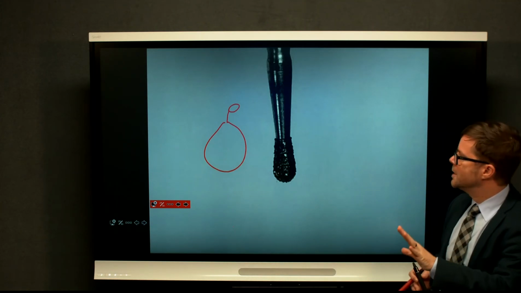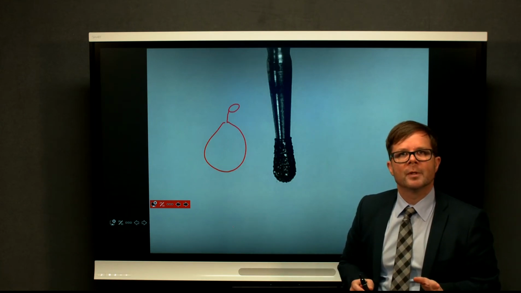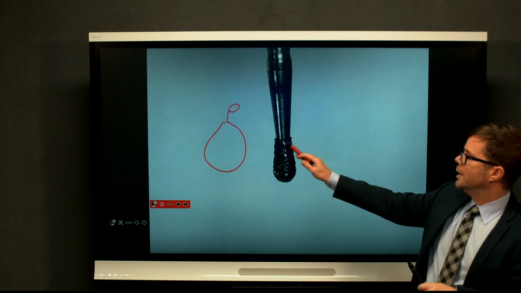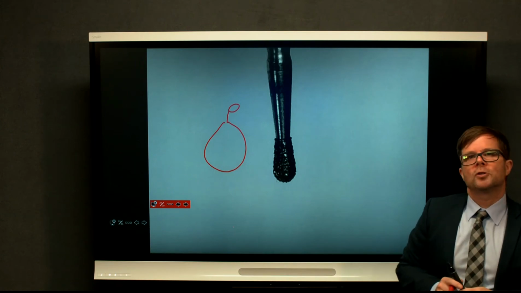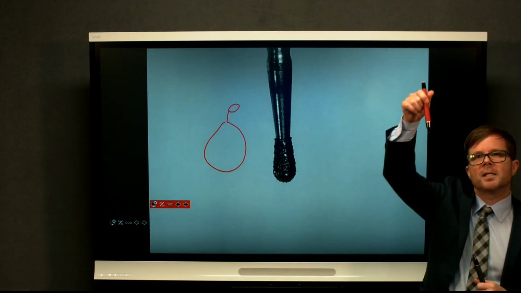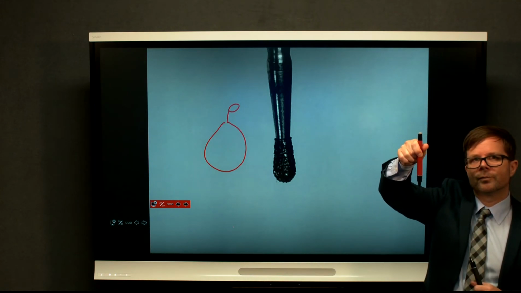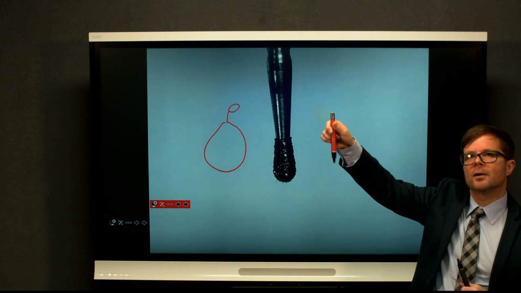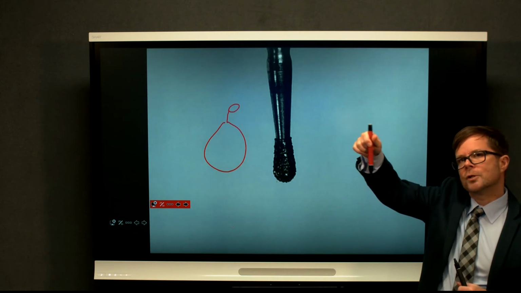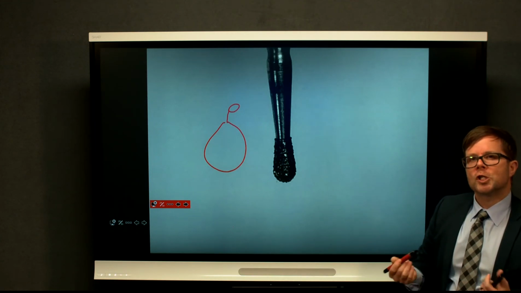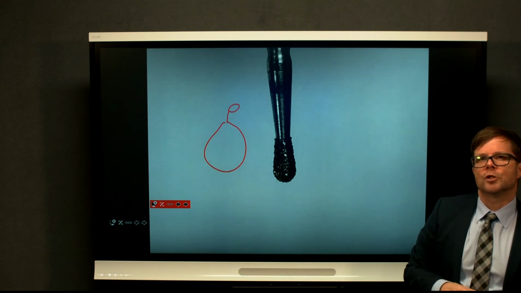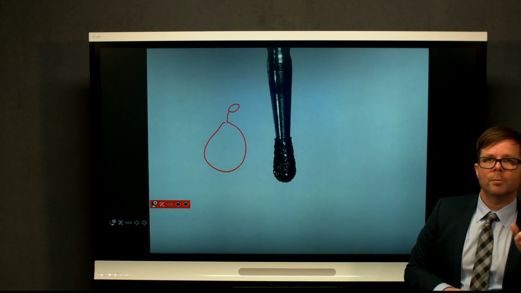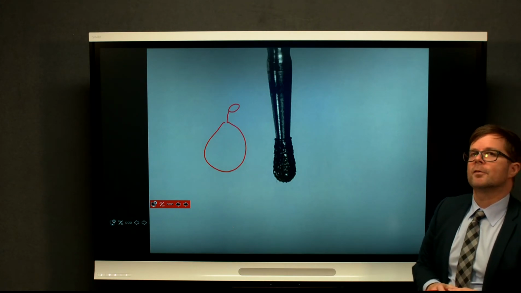Now the beauty of this particular burr is its shape. Have a look at the shape here, and then what I want you to imagine is if you went down into a tooth and then pulled the burr across the tooth without lifting it up or down or sideways, what shape cavity would you produce? Push the pause button and think about it for a moment.